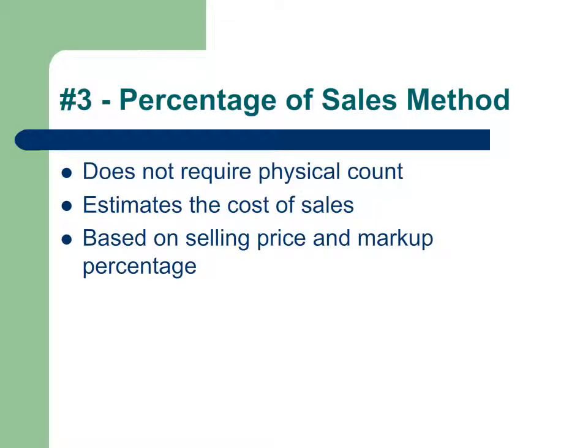It is sometimes more reasonable to estimate the cost of goods based on the selling price and the markup percentage. And most business owners understand markup. Many industries have average markup amounts for the industry or for particular items within the industry.